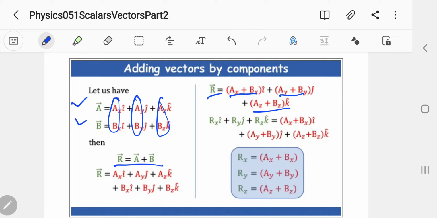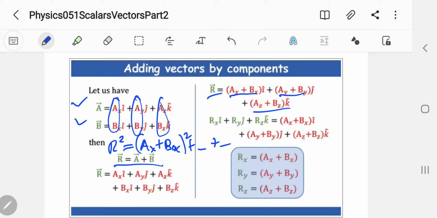What is the magnitude? r squared is ax plus bx squared, plus the same thing for y, ay plus by squared, plus az plus bz squared for the third term.